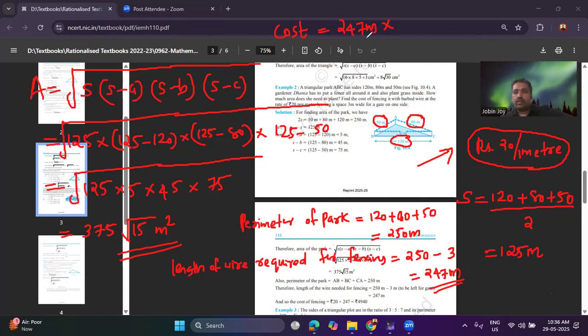So 247 into 20 is equal to rupees 4940. This much cost is required to buy the wire to provide a fence to this triangular shaped park. Okay, next question.